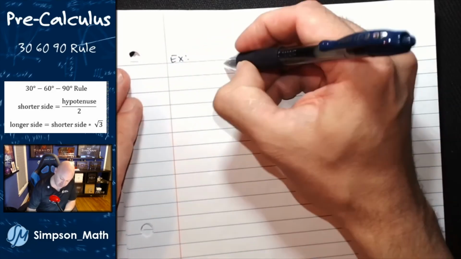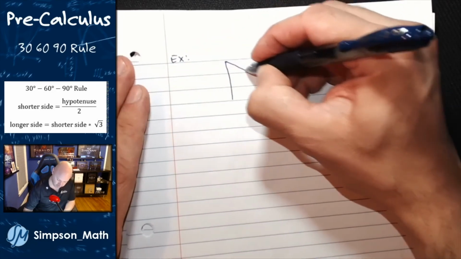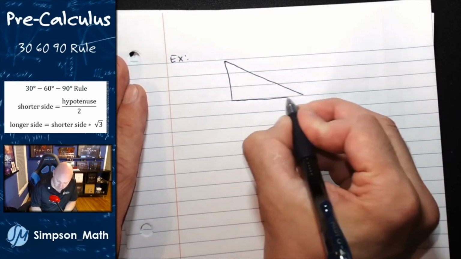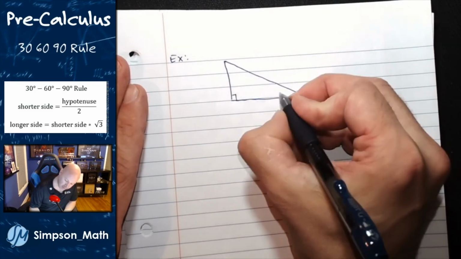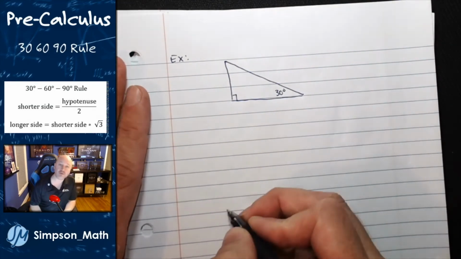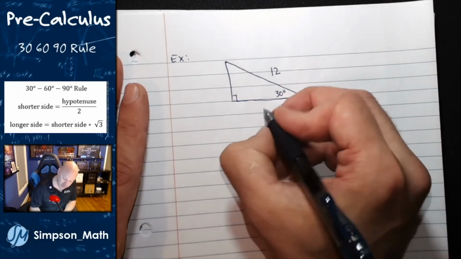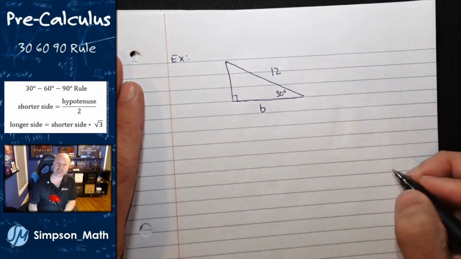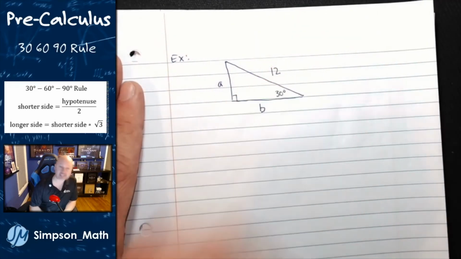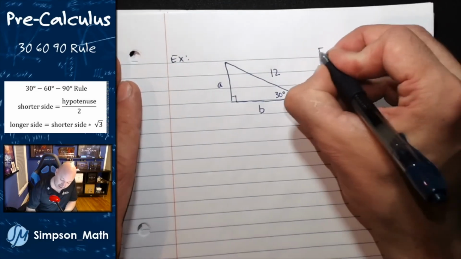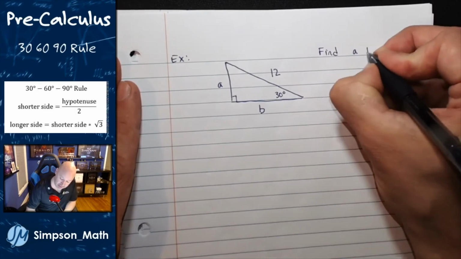All right. Let's say we have this triangle. We know we have a right angle. We know this angle equals 30 degrees. We know this side length is 12 and this side length is little b. That side length is little a, and we are asked to find both a and b.